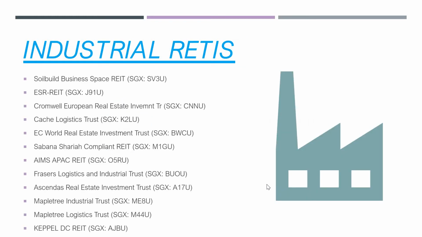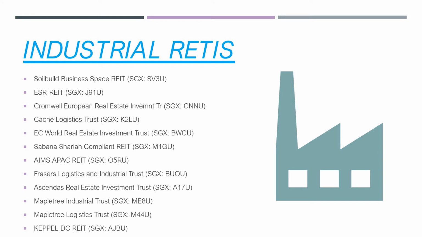Industrial REIT. Industrial REIT is basically warehousing and some ports. So they are operating the port, and the most popular is actually E-Commerce World. EC World is operating multiple ports and warehousing in China, and Frasers Logistics is also quite popular.